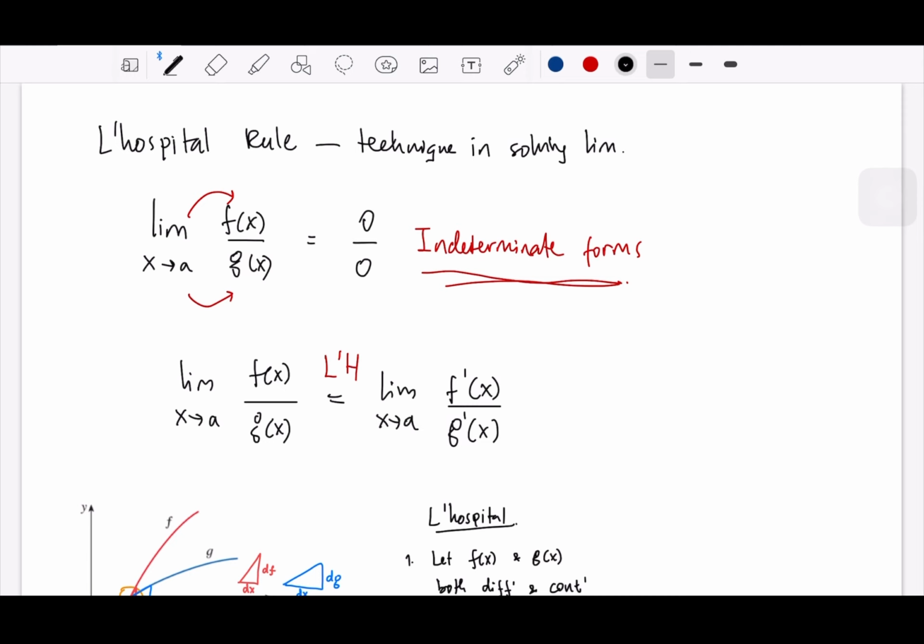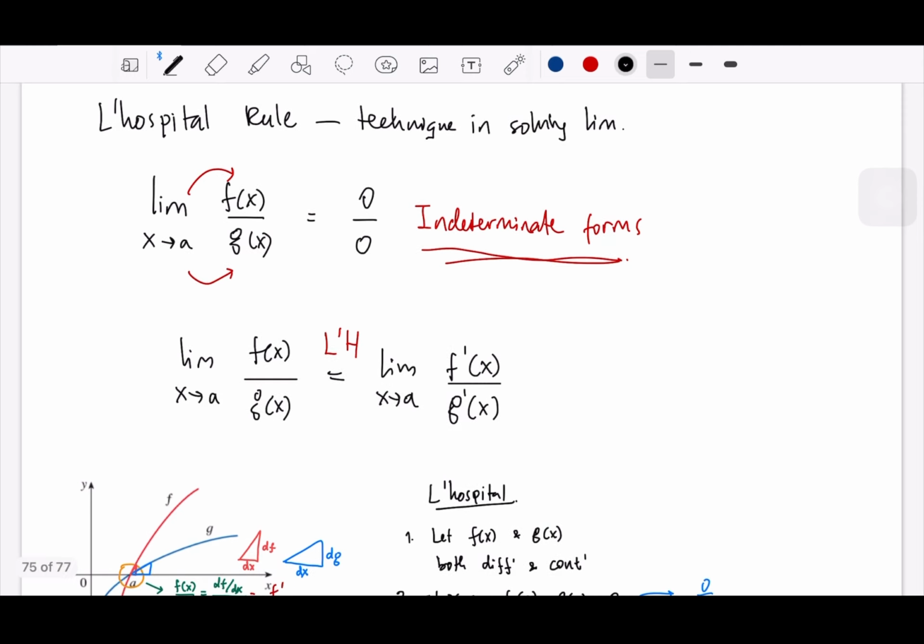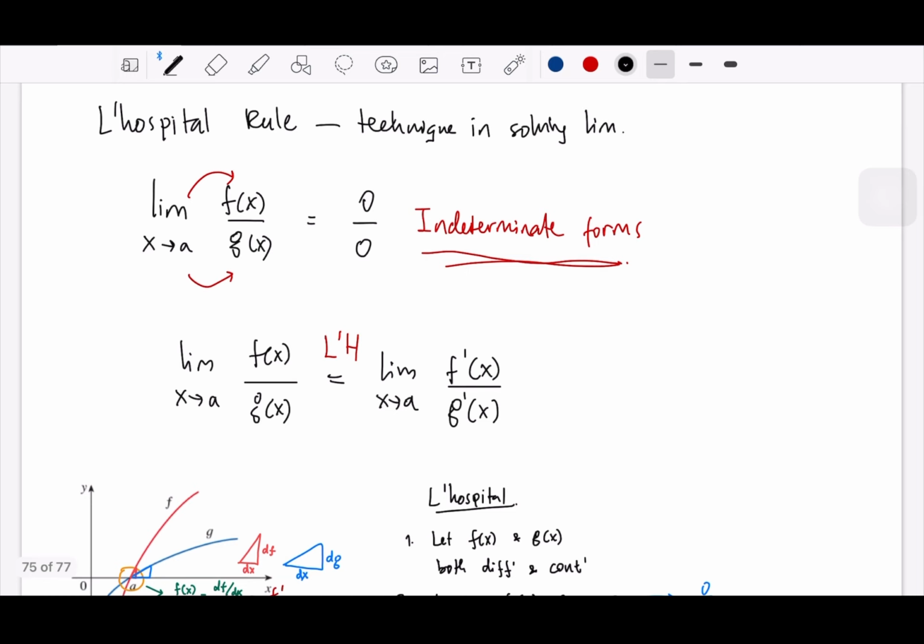So indeterminate forms: the basic concept is whenever you find 0/0 situations. When you have a limit, and you take the limit and input the x inside the functions, so you have a rational function f/g, and when you evaluate it, it's 0/0.